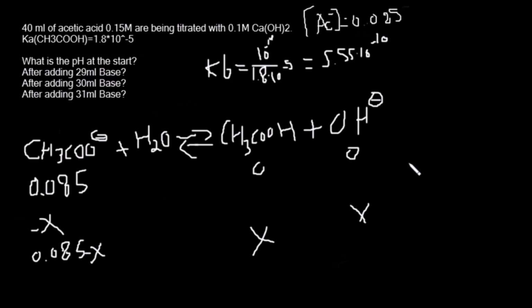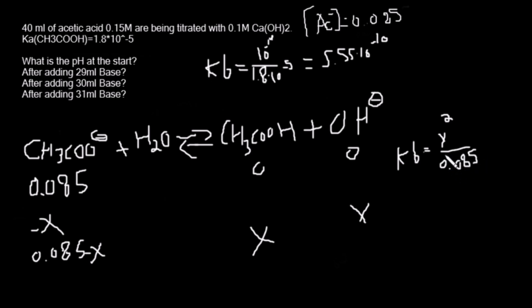Okay. So Kb equals x squared. Remember, because Kb is very small, we can neglect the minus x here as well. So divided by 0.085.